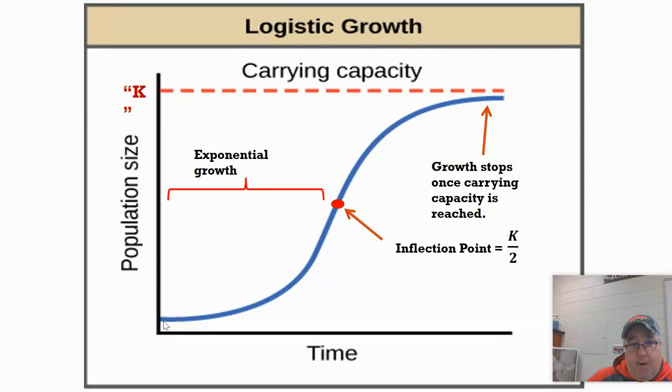The inflection point really is where the exponential growth stops and then growth starts to slow. So anywhere above that inflection point is where the growth is starting to slow down. When that line gets horizontal, like it will be up here, then the growth is stopping.